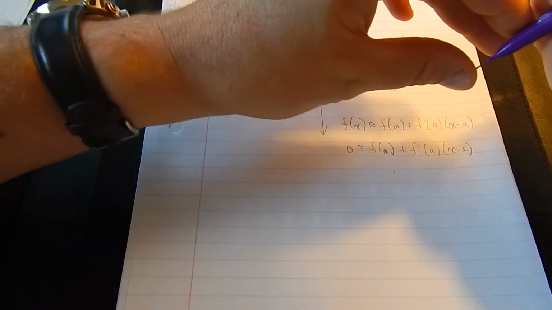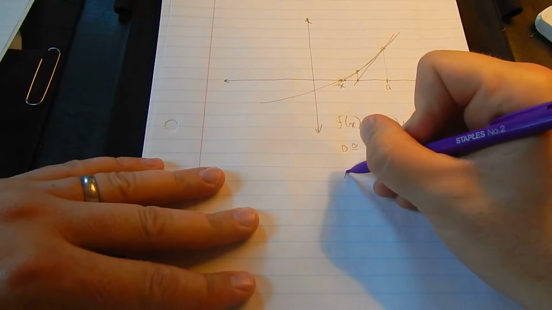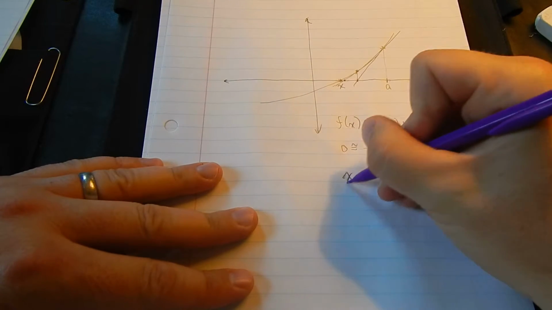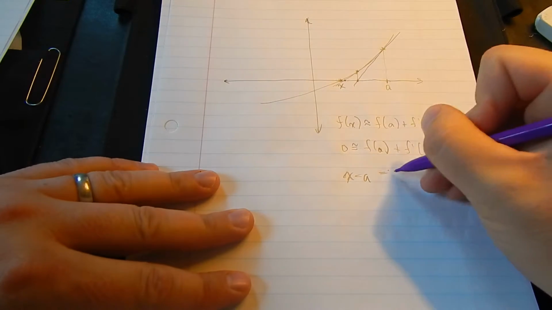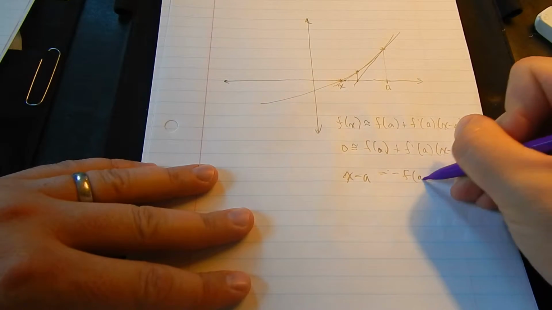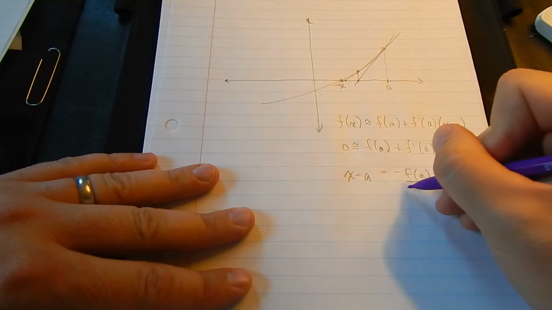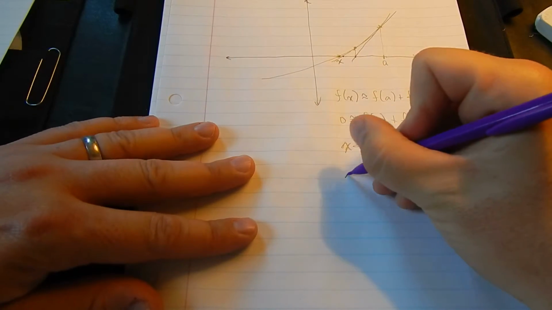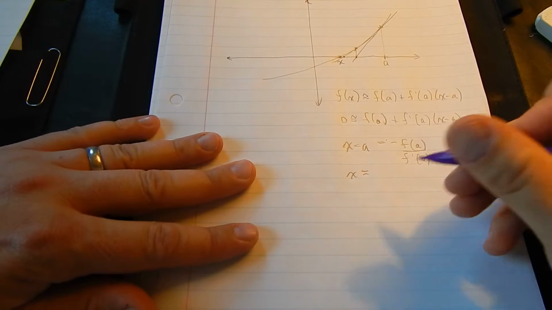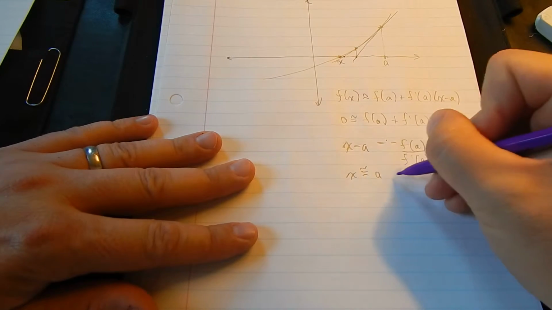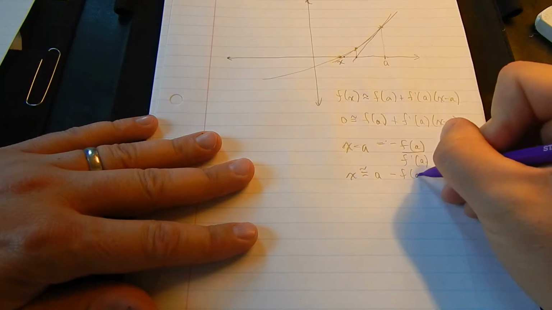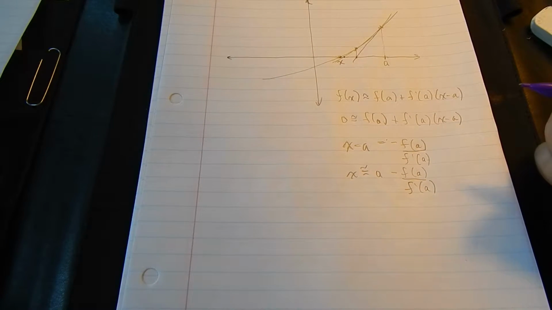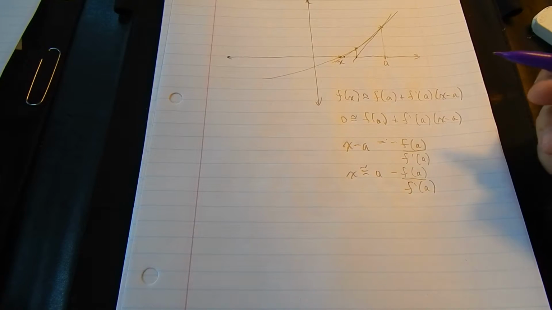When we work that out further, we get x minus a equals negative f of a over f prime of a, such that x is approximately equal to a minus f of a over f prime of a.